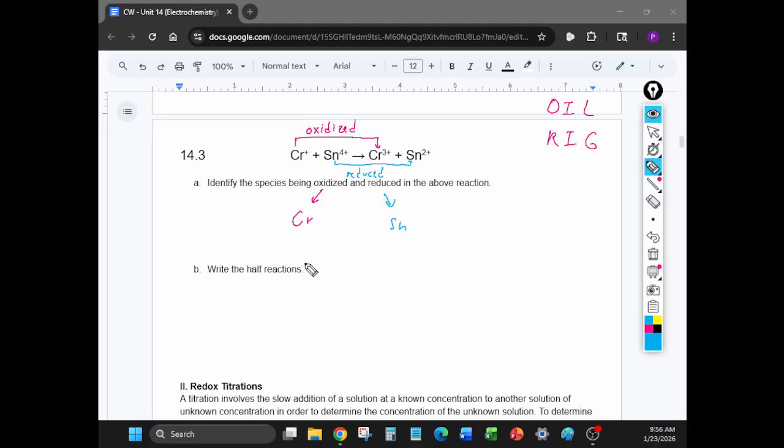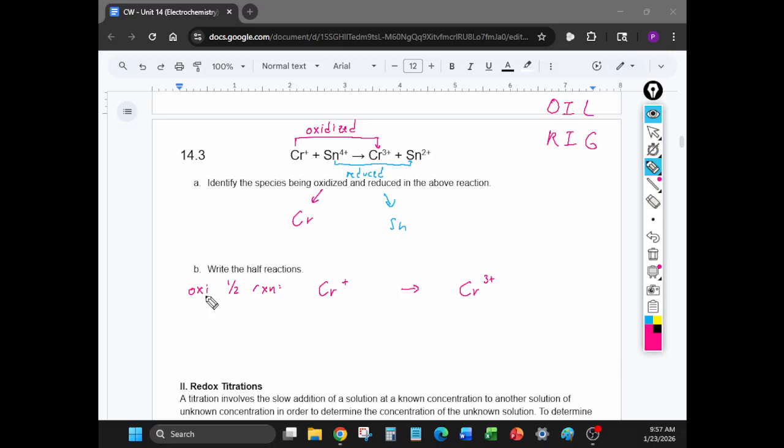Okay, so let's write the half reactions for oxidation and reduction. So let's start with the oxidation half reaction. We're going to take a look at the compound that was oxidized, which was chromium. If we take a look at the reactant side, chromium was Cr+, and if you look at the product side, it's Cr3+. So we just need to figure out which side the electrons are going to go.